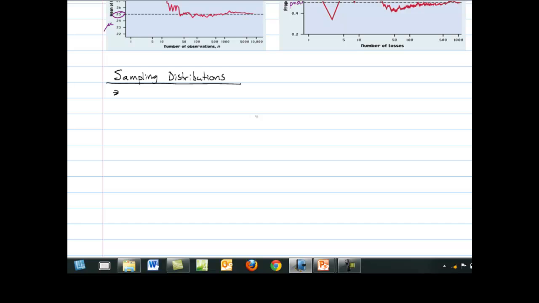But the deal is there's a predictable pattern in how this works in the long run. So the implication here is that a statistic computed from a random sample is a random variable, and because it's a random variable, it has the shape of a particular distribution. And so that's what we're talking about with a sampling distribution.